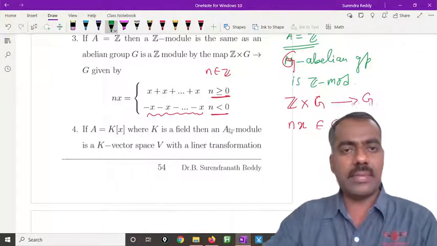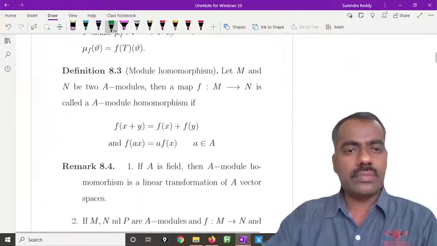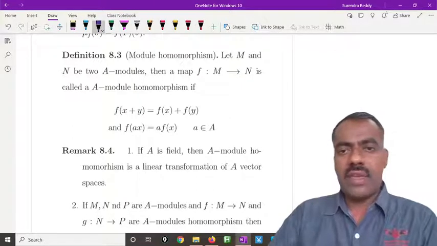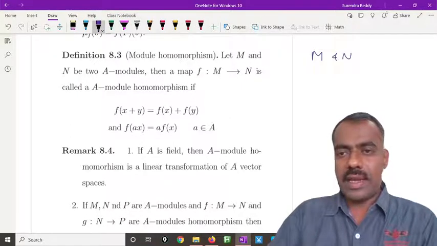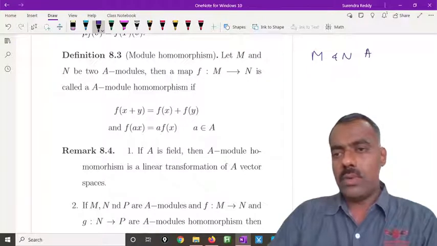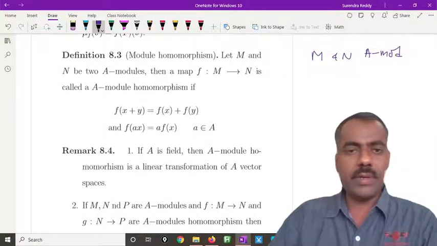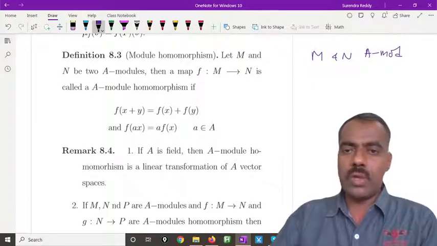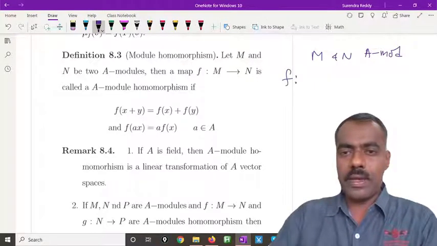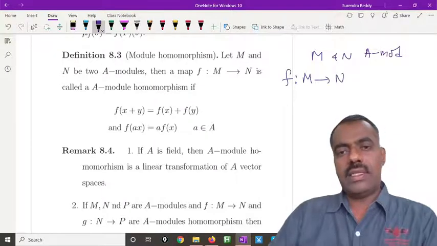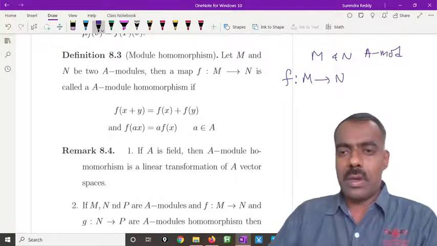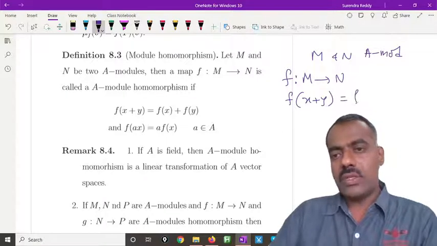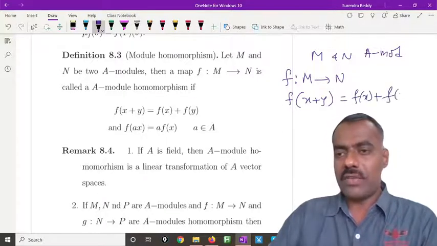And there are some other examples, one can go through them. Now we'll see, suppose M and N are two A-modules, where A is a commutative ring, then we can define a module homomorphism. F maps from M to N is called a module homomorphism, obviously because these are abelian groups, so you can expect f of x plus y to be the same as f of x plus f of y.